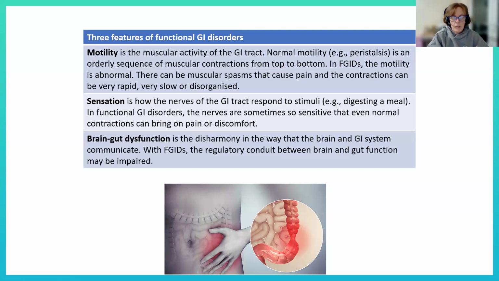There can also be brain gut dysfunction, which is when there's just a miscommunication really between the brain and the gastrointestinal system. So, you know, that could be for a number of reasons, like brain issues even. Irritable bowel syndrome is an example of this.